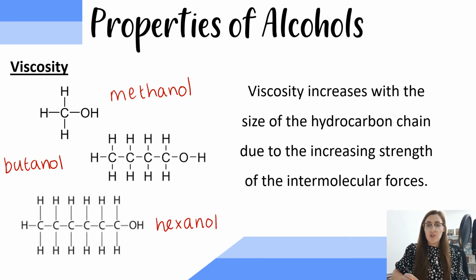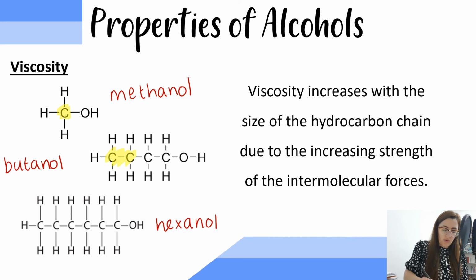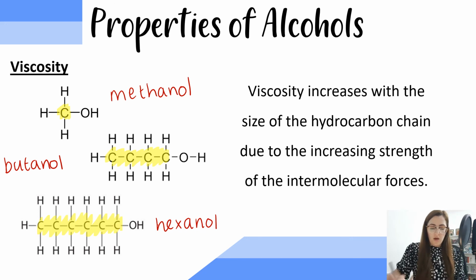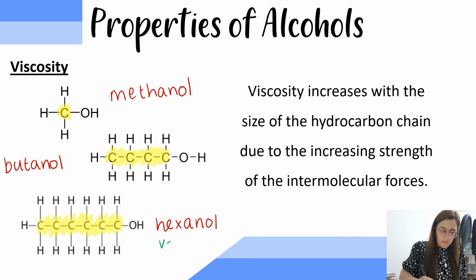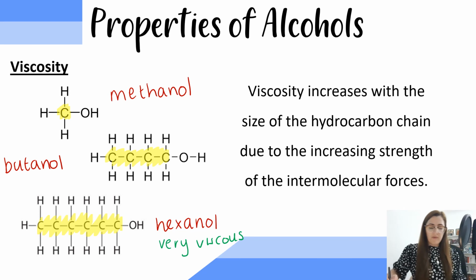As the chain gets longer, we start off up here with 1 carbon, and then we're getting longer for butanol with 4 carbons, and then 6 carbons for hexanol. Our hexanol would be much more viscous than our methanol. So hexanol would be very viscous in comparison to methanol.